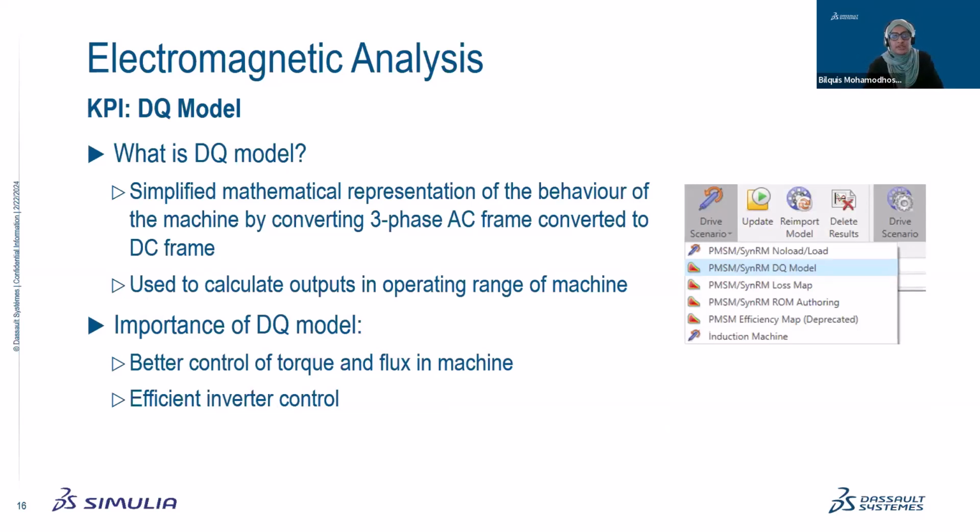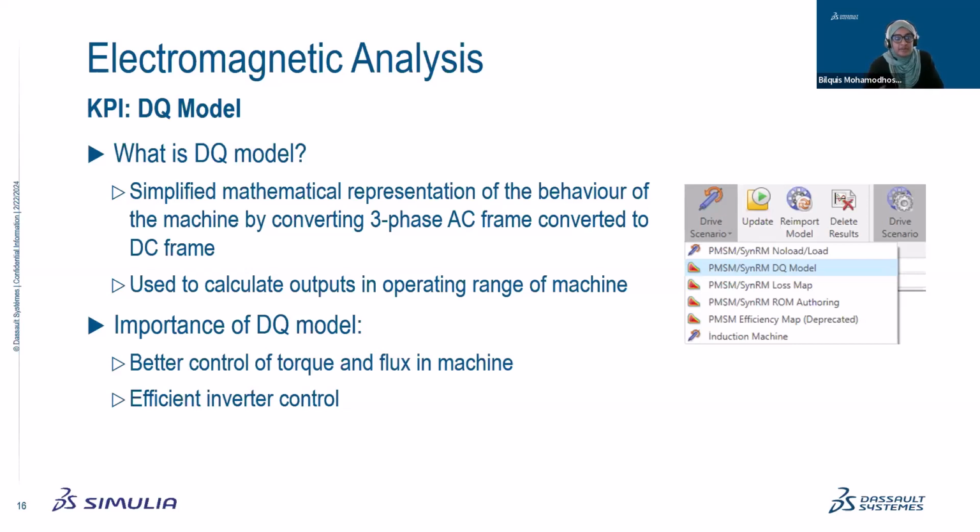So what we do is convert the IA, IB, IC sinusoidal waveforms into DC ID and IQ currents, which makes it much easier to control and much simpler to calculate for the operating range of the machine, for example.